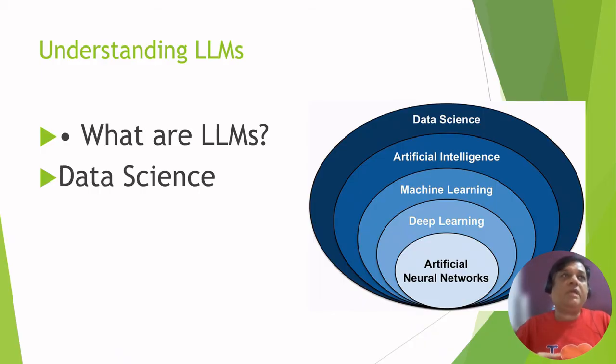Now, due to the internet era, a humongous amount of data is generated, and we have a lot of data on the internet. So artificial intelligence and machine learning can learn from that data, deep learning can learn from that data, training sets can be generated, and based on those training sets the questions can be asked.